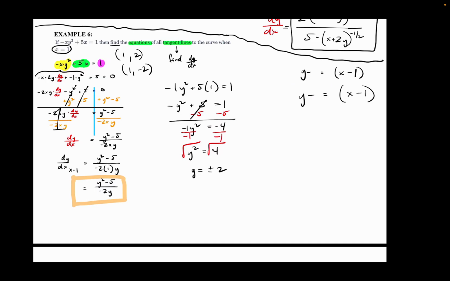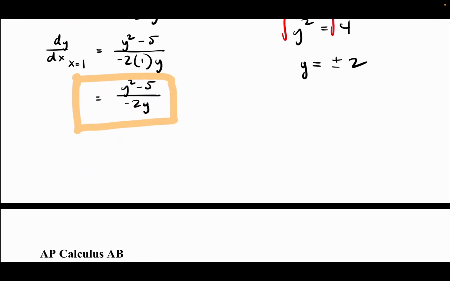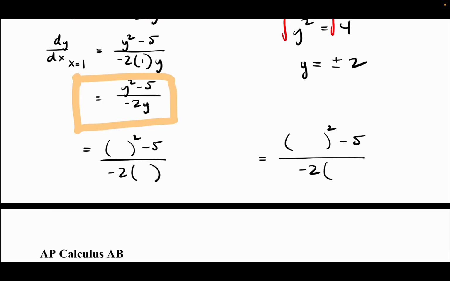One of them is for positive 2, and one is for negative 2. So now I plug in positive 2 and negative 2 into my derivative. First positive 2, then negative 2.